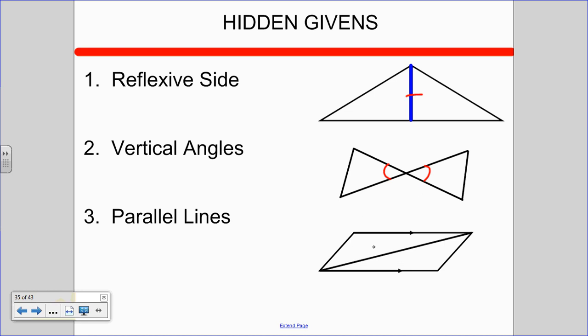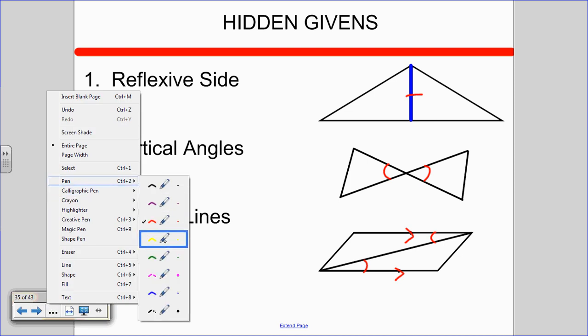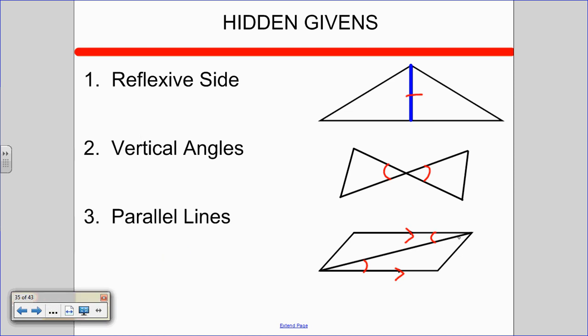And then you have to remember the properties of parallel lines and the transversal. So this little arrow here means that those two lines are parallel. Since those two lines are parallel, then you have some alternate interior angles here. Here's one, and there's another. Those would be congruent. And then you have another pair of alternate interior angles that are also congruent.